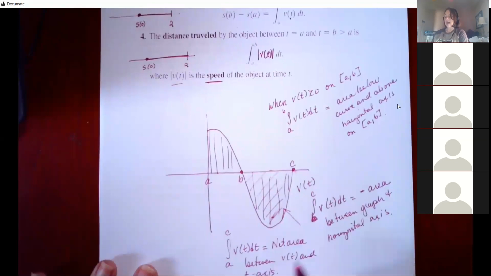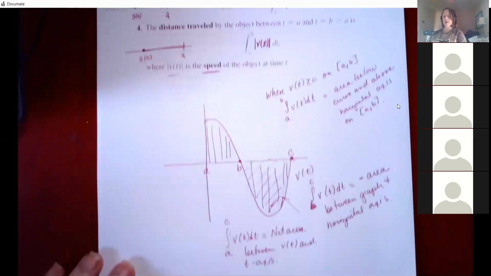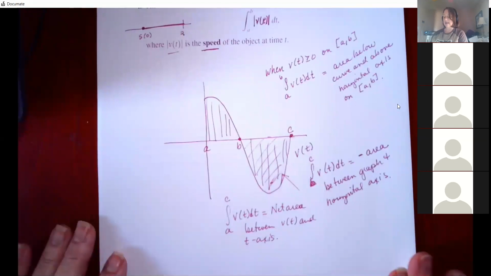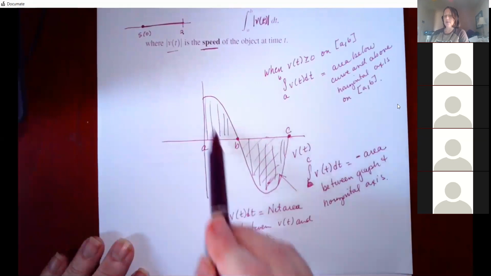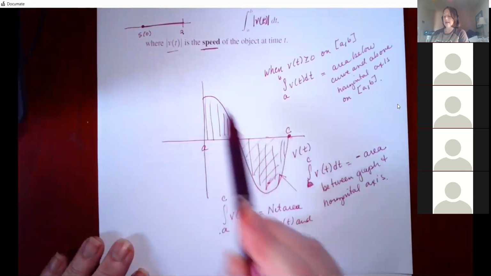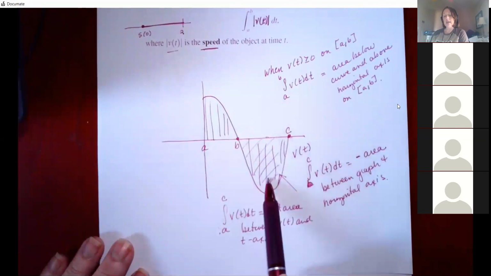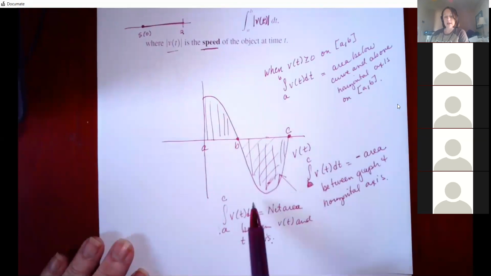In this case, it's a t-axis, but it could be an x-axis if we were talking about x as the independent variable. Now, what do I mean by net area? Well, remember, this integral is displacement, and what it does is take the area here that's above the horizontal axis, and subtract off the area here, which would be below the x-axis.